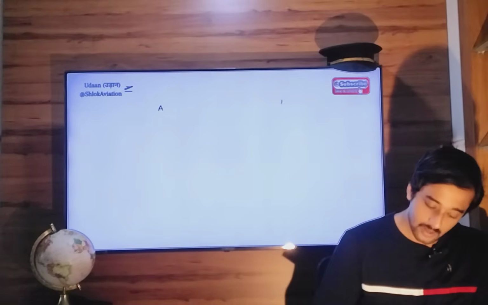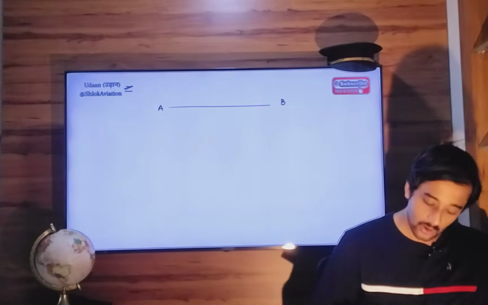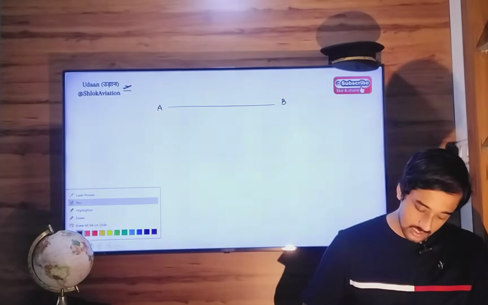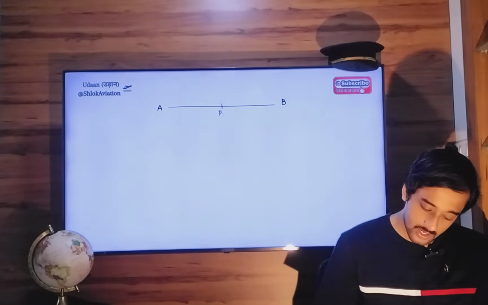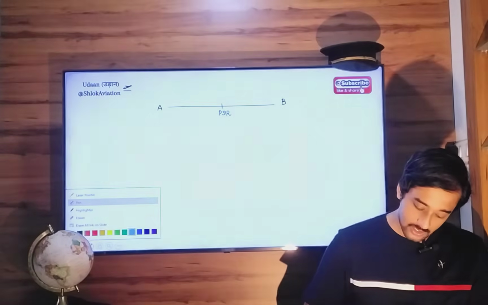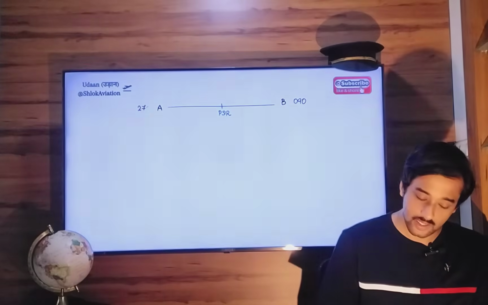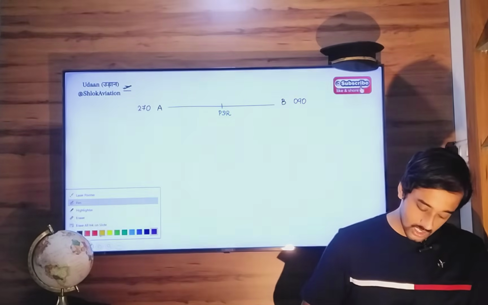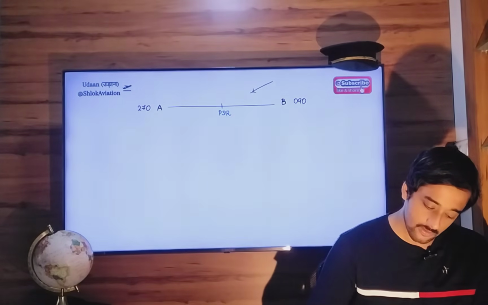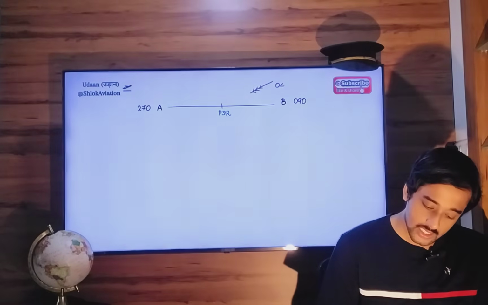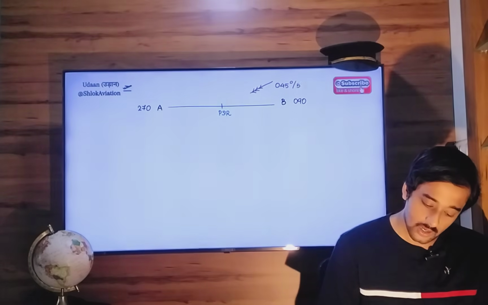Okay, so this is your point A, point B. You're flying from point A to point B. There is a point of safe return here. Now track AB is 090, track BA is 270. The winds are coming from 045 degrees at 50 knots.